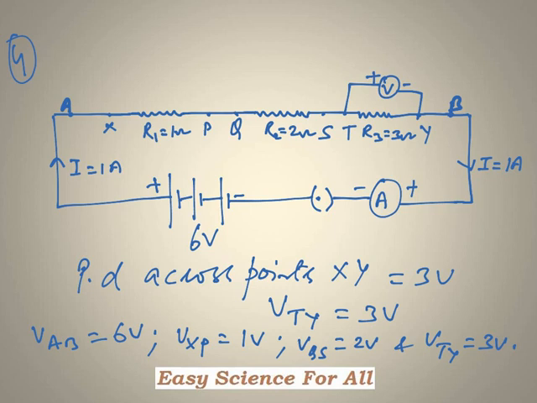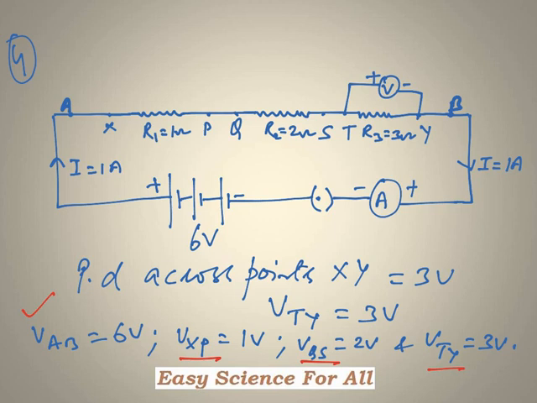Now if you look at these four values carefully, you will find that the sum of VXP, VQS and VTY is equal to the value of VAB.